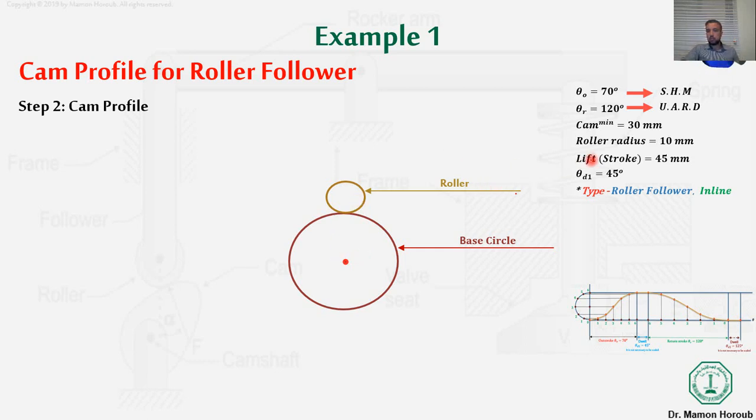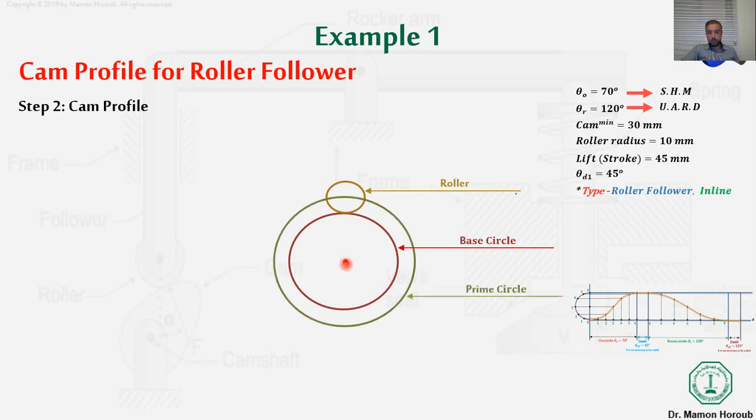After that, you need to draw what we call the roller radius, which is 10 millimeters, another circle, and be sure that this circle is aligned in line with the cam shaft. So the center of the cam should be in line with the center of the roller circle. After that, we will have what we call the prime circle.